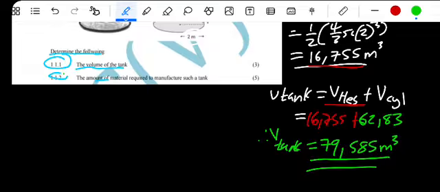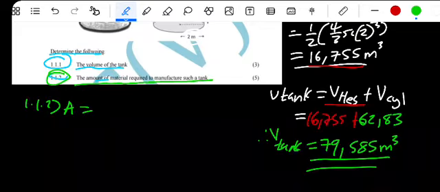All right, 1.1.2 says determine the amount of material required to manufacture the structure. We're talking about the material. Let me just use the area, because it is what will contain them, what will fill up that space.